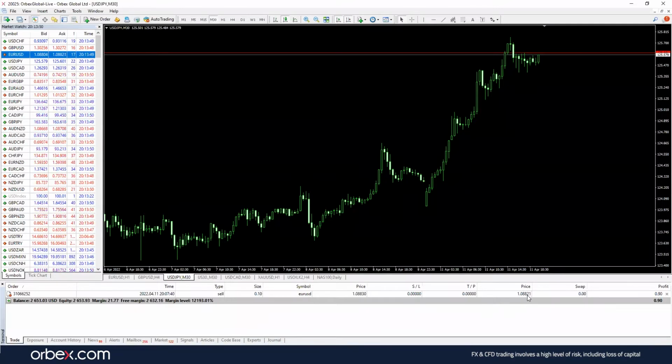So every time this goes up or down here, so we've got 1.08830, 1.08825, every time this goes up or down, as you can see, it's going up and down 10 cents, because that's the value of the pip there. So just something to remember. If this was a one lot, they would be going up and down in dollars, $1, $2, $3, $4. So something to remember there as well.